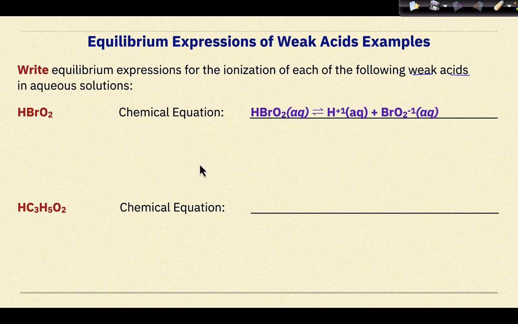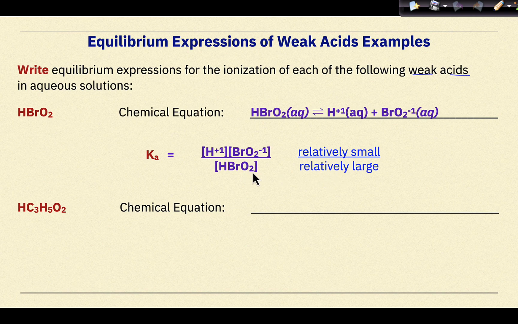To write the equilibrium expression for this, we would say Ka is equal to the hydrogen ion concentration times the concentration of bromite divided by the concentration of bromous acid, where the top concentrations are relatively small and the bottom concentration of our weak acid is relatively large. So our Ka value is going to be small.